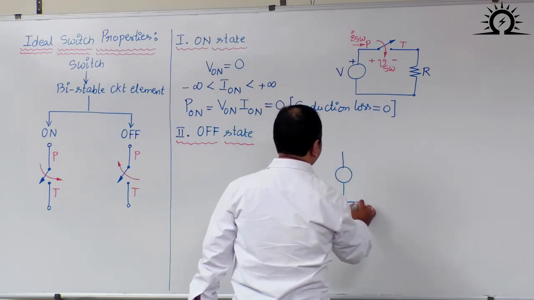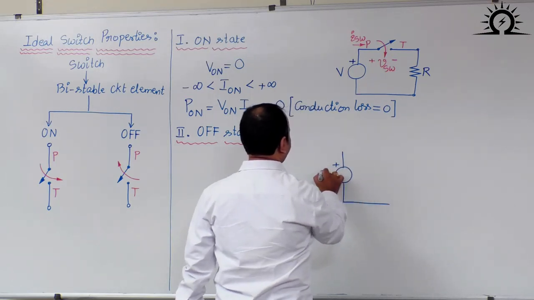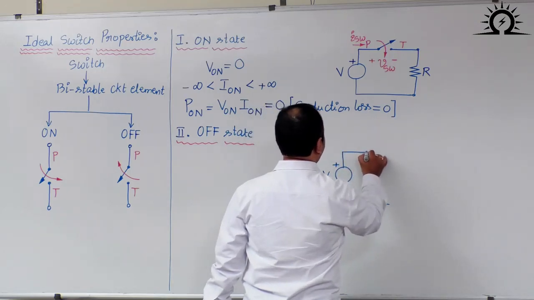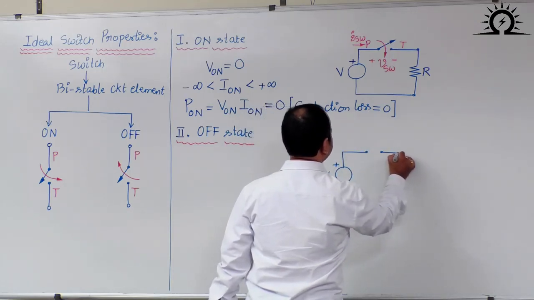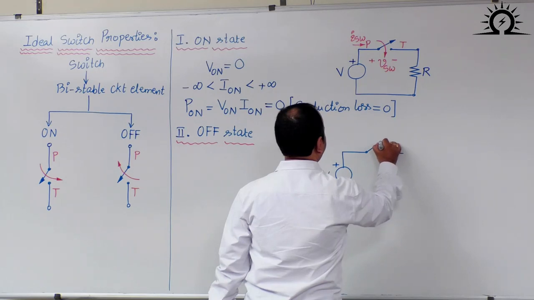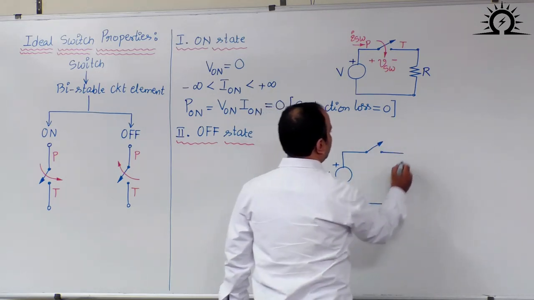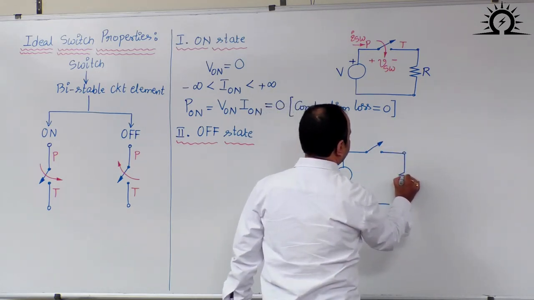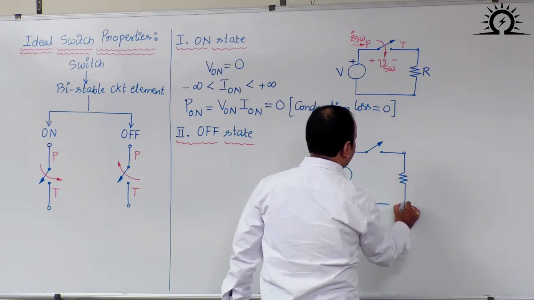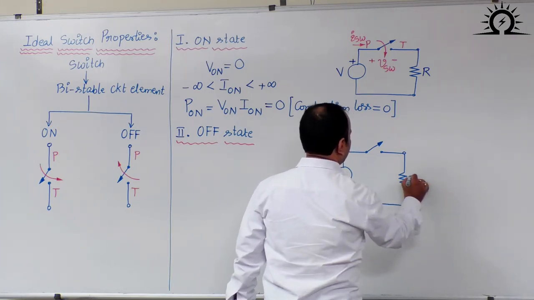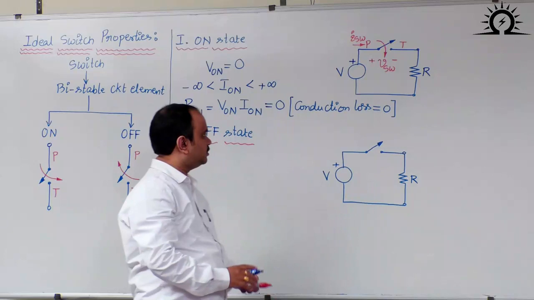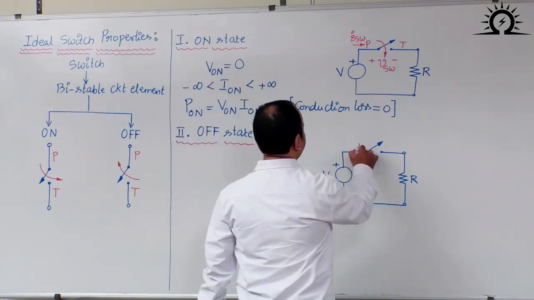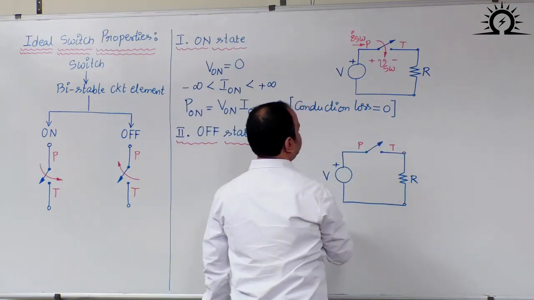The source voltage of magnitude V, and there is a switch in between, and here a load resistance of R, and switch terminals P and T.